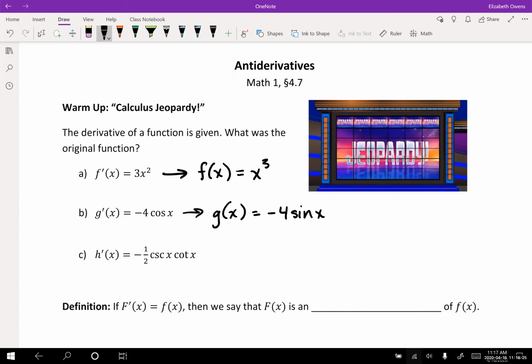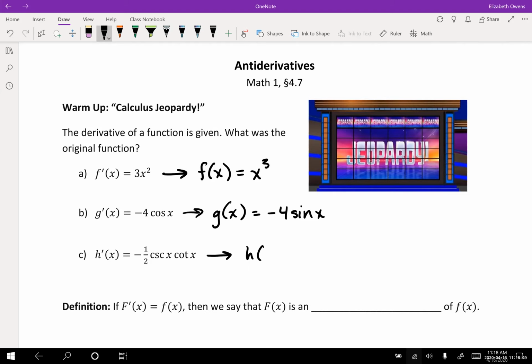H prime of x is -1/2 cosecant x cotangent x. What do we think there? Who's got the original h? Yeah, Natalie again. Nice. All right, 1/2 cosecant. I assume you mean cosecant x there, and that is correct.